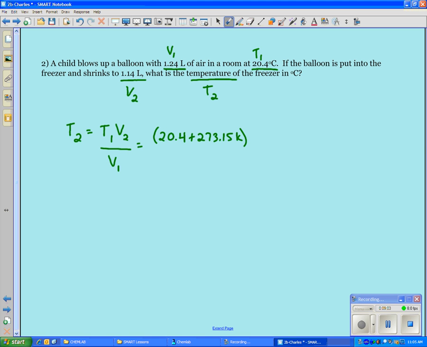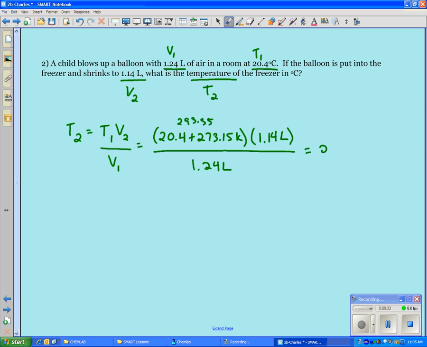Our volume 2 for the formula is 1.14 liters. And volume 1 that goes on the bottom is 1.24 liters. So make sure you do your calculation of temperature first off, get that value. It comes out to 293.55. Then multiply by the 1.14 and divide by 1.24.